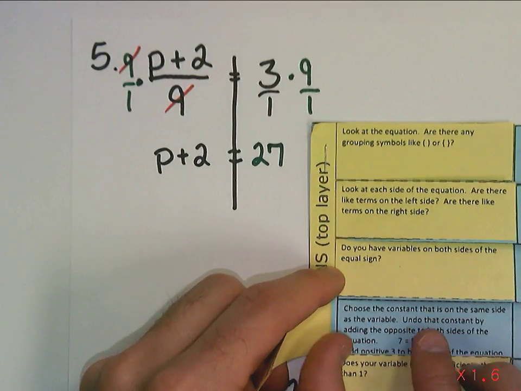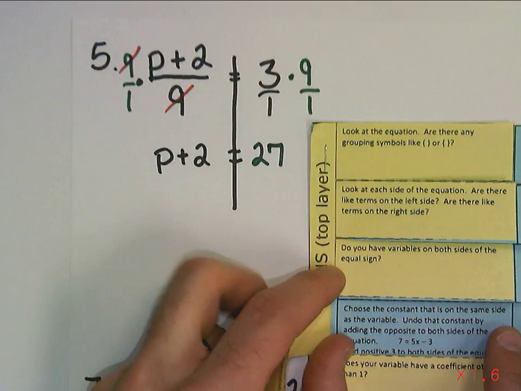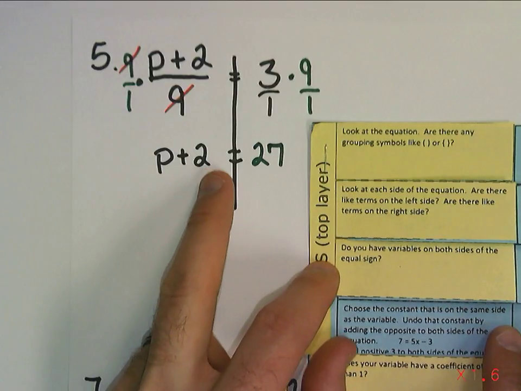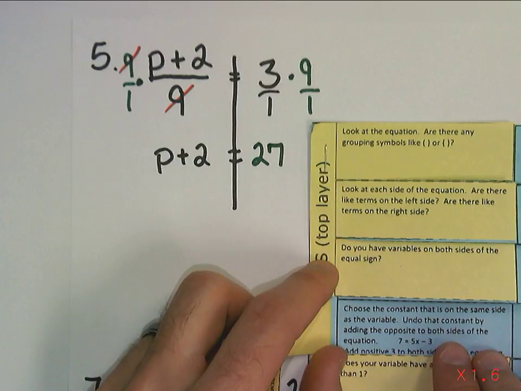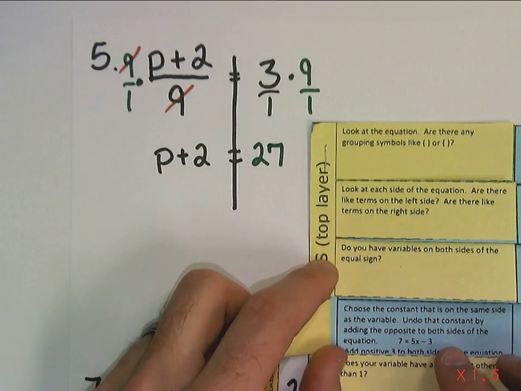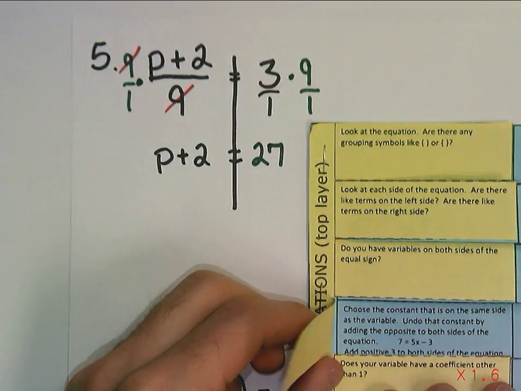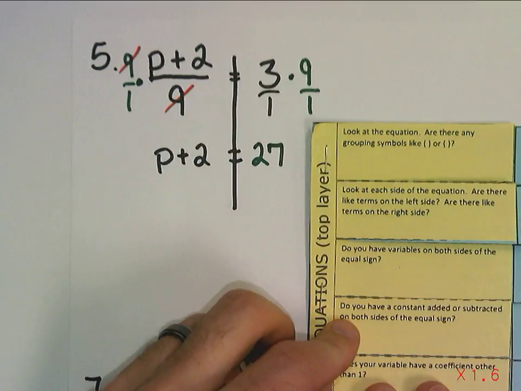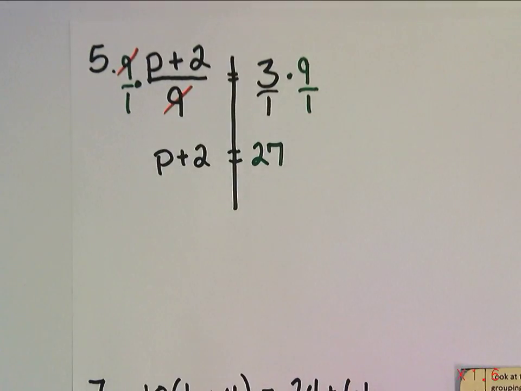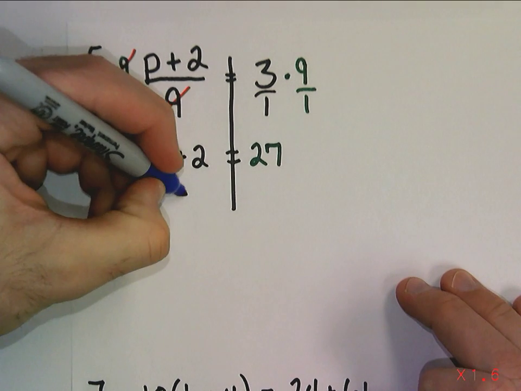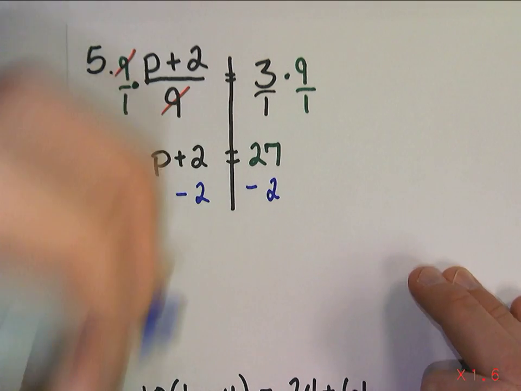So it says choose the constant that is on the same side as the variable, so the p plus 2. Undo the constant by adding the opposite to both sides of the equation. So if I add the opposite, it's just like doing the opposite or inverse operation. So I have a plus 2, so what that means is I need to subtract 2 from both sides.